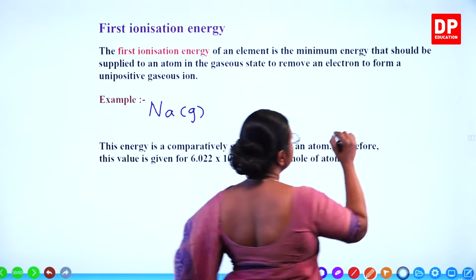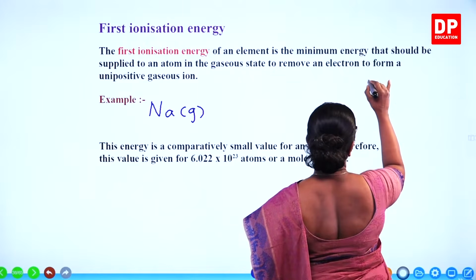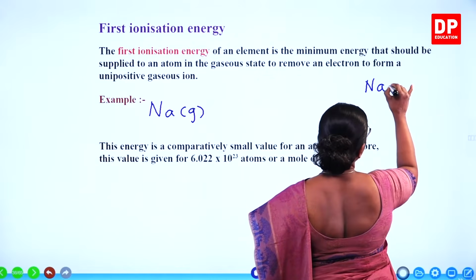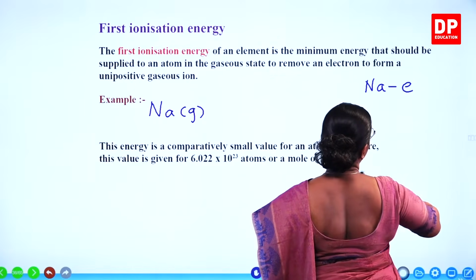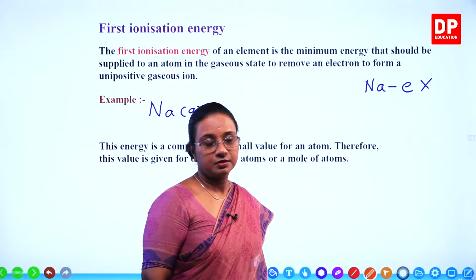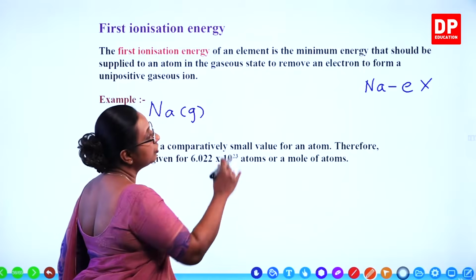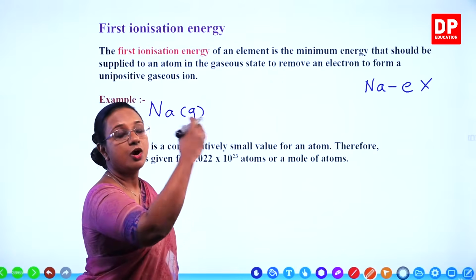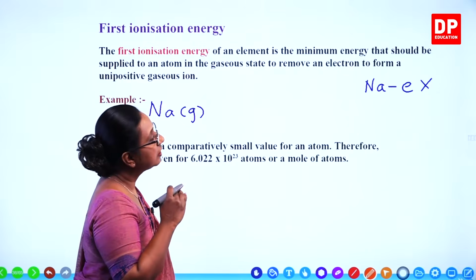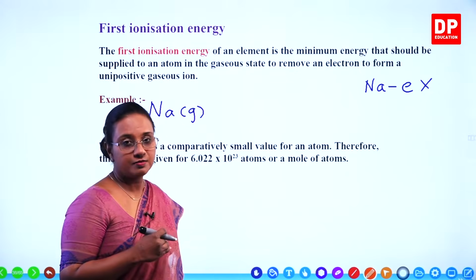When we say losing one electron, I explained this when I talked about ions. You don't write sodium minus electron. That is wrong. We have to write that electron on the other side of the arrow. That is not correct according to convention.